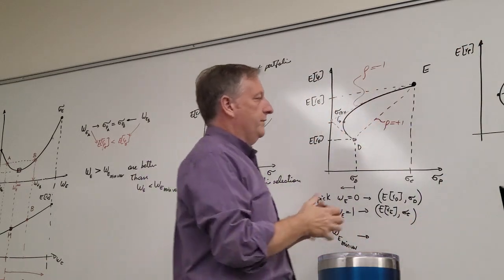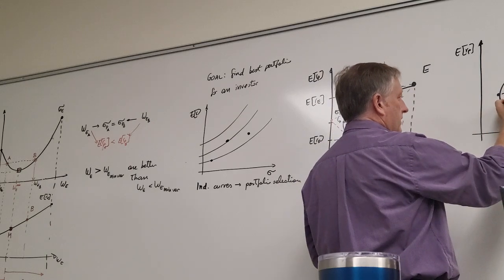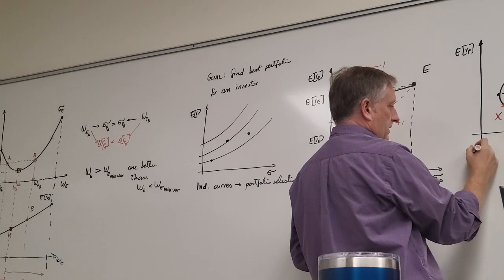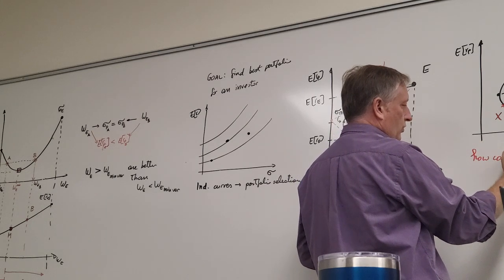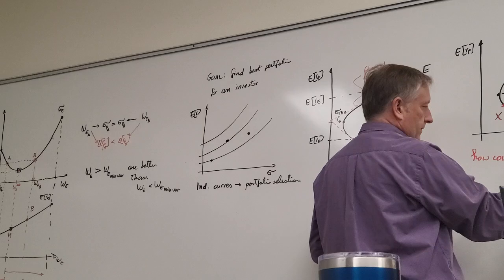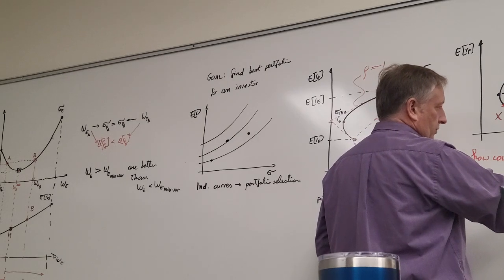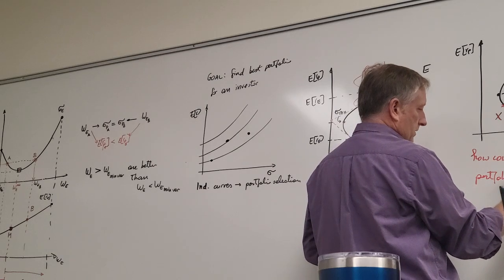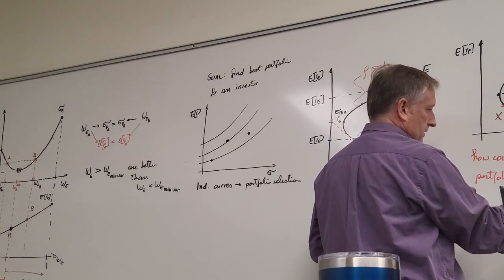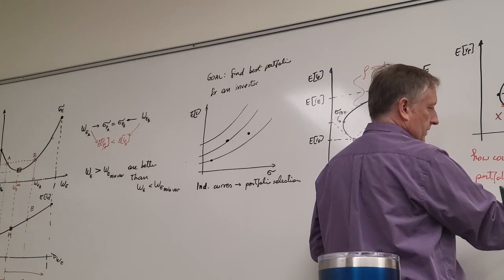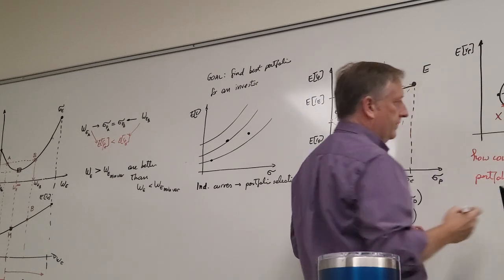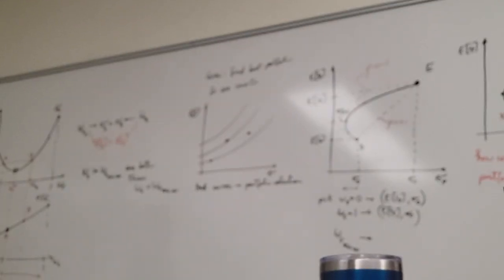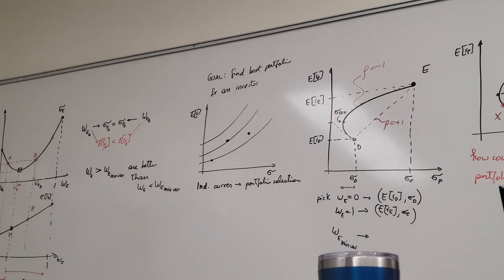Suppose I have this portfolio right here, portfolio X. How could I rebalance my portfolio so that sigma P is equal to sigma P min? So what should I do? Should I transfer money from D to E or from E to D? D to E.